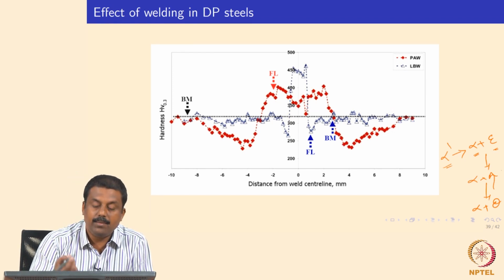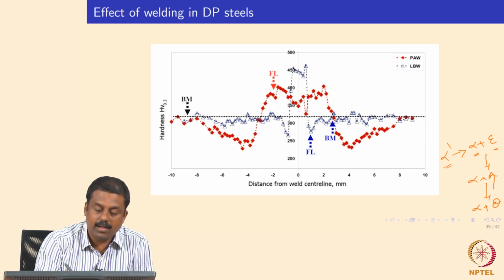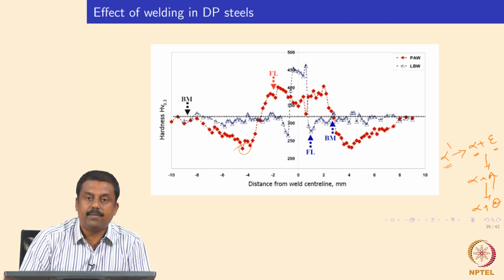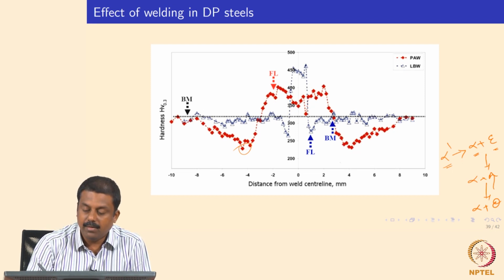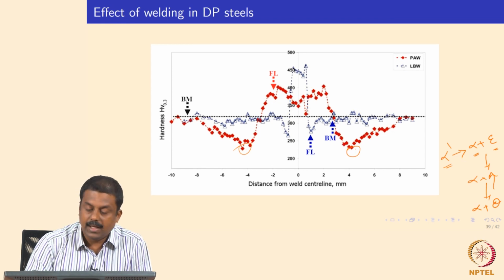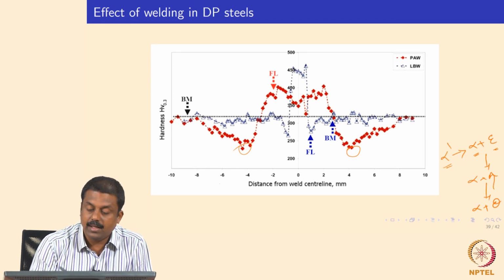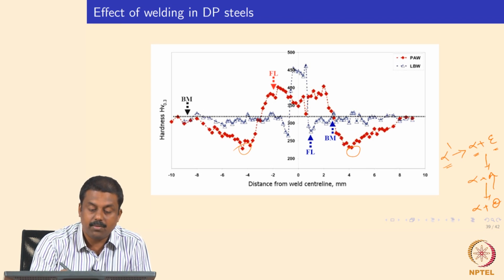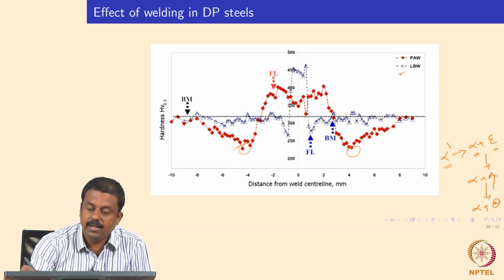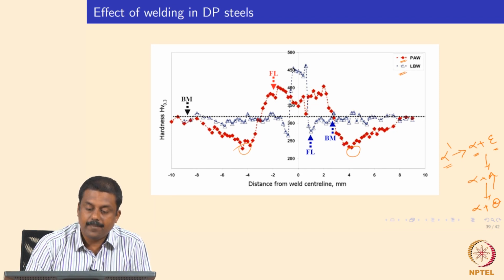Due to that, you will see an effect similar to what you see in the TRIP steel, where, when the temperature is just below A1 temperature, there is a significant transformation, the tempering of martensite, leading to softening. What I show over here is two cases, one is laser beam welding and the other is plasma welding.